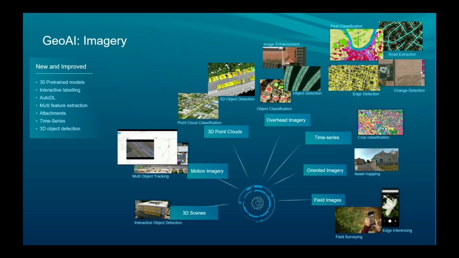That's more recent. And you can do point cloud classification, 3D object detection, all of this on 3D data as well. And then I can work with video, and you can do tasks like object tracking or multi-object tracking. So initially, probably a couple years ago, 3 years ago, I think so, we started off with just object detection and overhead imagery, but as you can see, the system has really evolved.